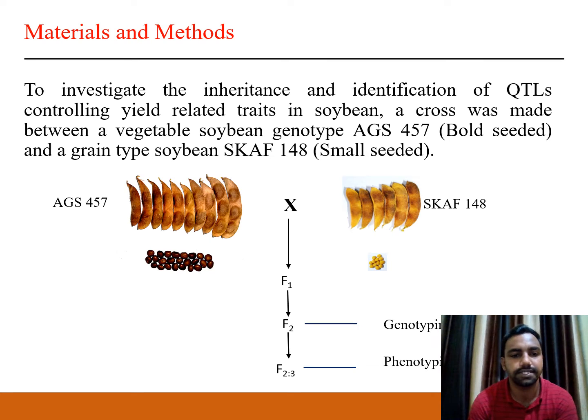In this figure, you can see on the left side AGS 457, the bold seeded variety with brown seed coat color, and on the right side SKF 148, a small seeded variety and yellow in color. We crossed these two varieties and generated the F1s. From F1s we generated the F2, and from F2 we generated the F3. Then we did the genotyping in the F2 population, and we did the phenotyping in the F2 derived F3 population.